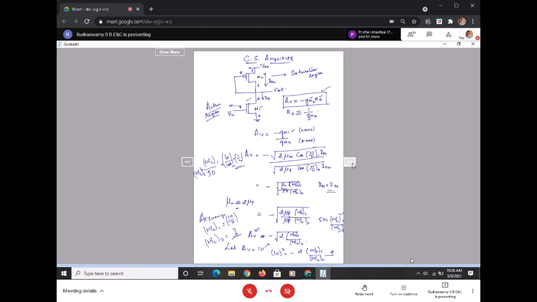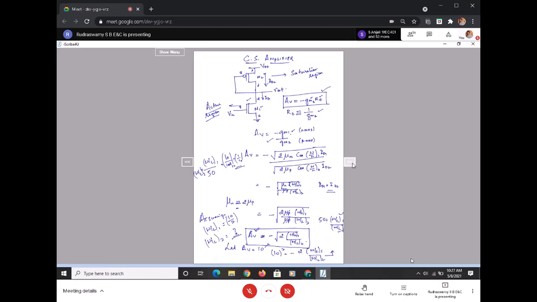Then RD is approximately equal to 1 by GM2, that is the transconductance of transistor 2. And finally, AV is equal to minus GM1 by GM2. Substituting the values of GM1 and GM2, I get AV equal to this. Since it is a common source amplifier, amplification is happening, so I can assume the gain value to be more than 1.